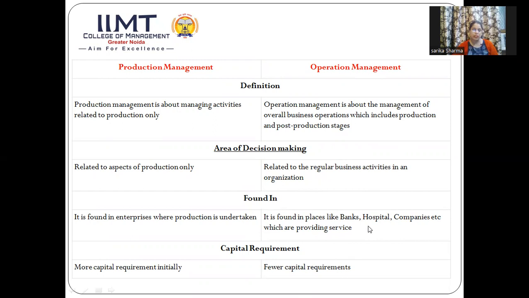IIMT is not providing any production; it provides activities to give good quality education to the students. So it is also managing all the operations related to students' activities.